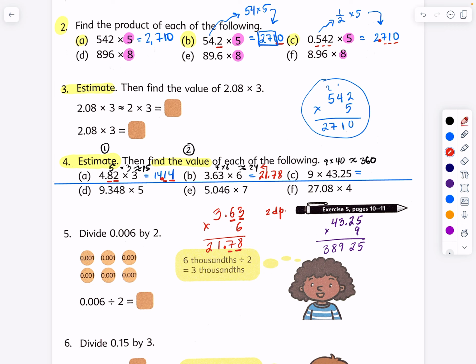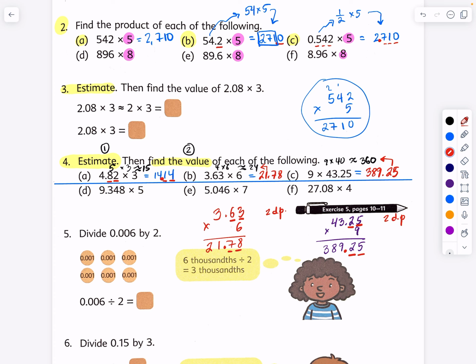Now, let's find where we place the decimal point. In one of the factors, we have 2 decimal places. We have no decimal places in 9. It's a whole number, and therefore our final product will also have 2 decimal places, which results in 389.25. Notice how close our answer was to our estimate.